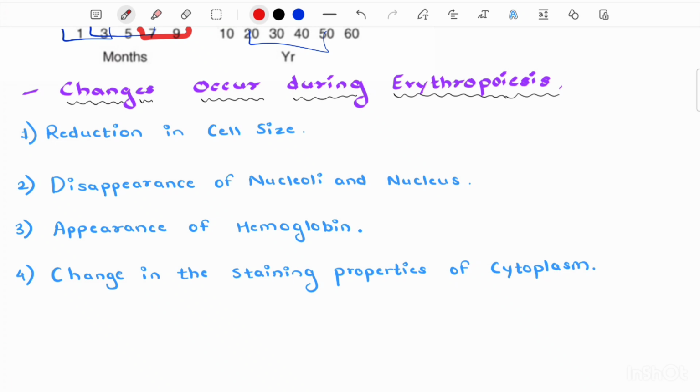In which stage? Are you able to recall? Yes, this is the intermediate normoblast stage. The last change was in the staining properties of cytoplasm. From deep basophilic, the cytoplasm changes to basophilic, then to polychromatic, having both acid and basic staining. Then in late normoblast, it became orthochromatic, meaning acidophilic, one type of stain, and it remained acidophilic till the end. So these were the four different changes that we saw.